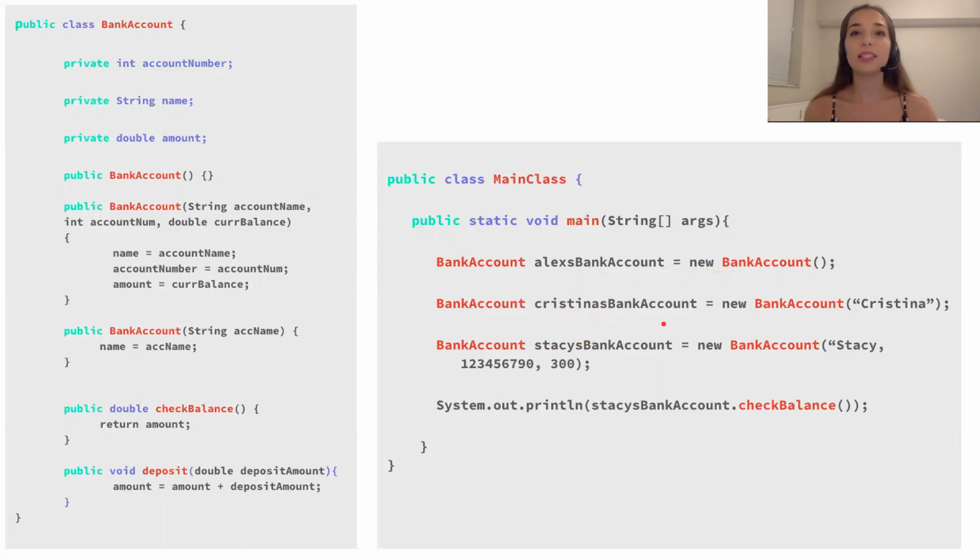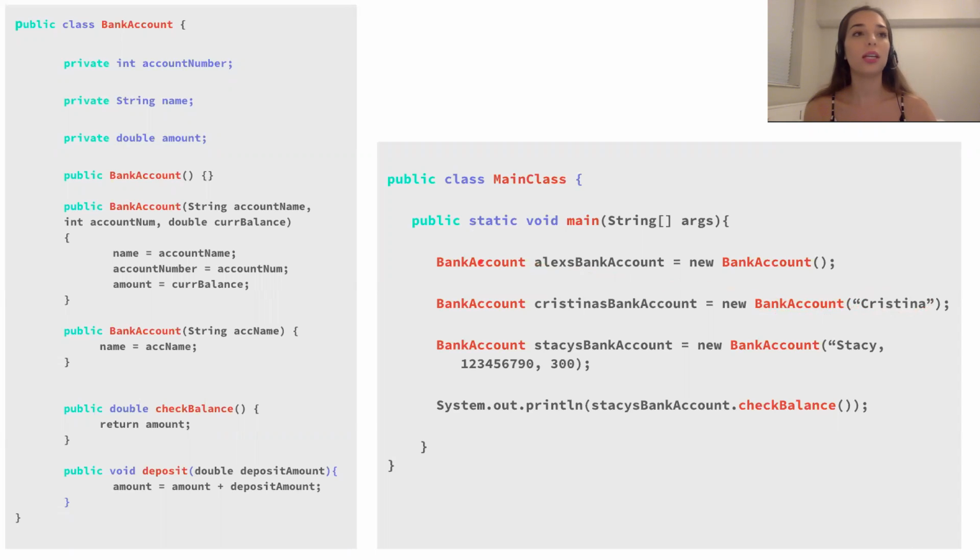Now, when we make Christina's bank account, let's say, hey, I want to set the name of Christina's bank account at the very beginning. Right when I create the bank account, I want to know that this is Christina's bank account and save her name in there. So what we could do is pass in as a parameter Christina. Now, Java's going to look at this and say, find me a constructor that takes in one parameter and that parameter is of type string.